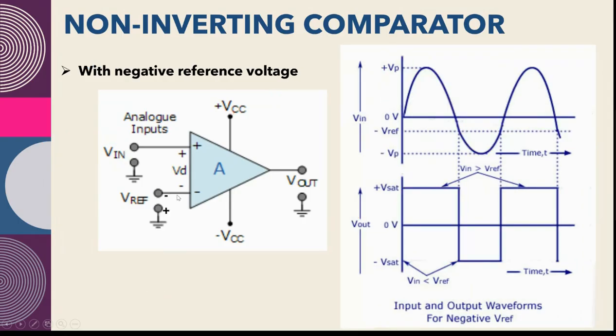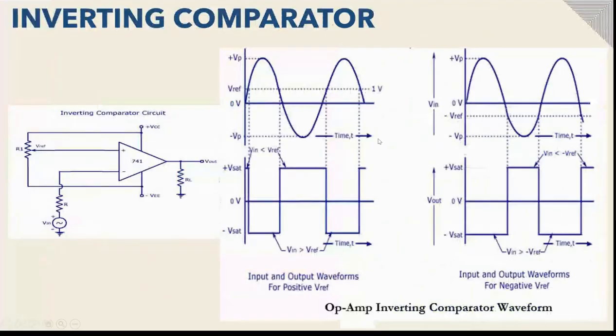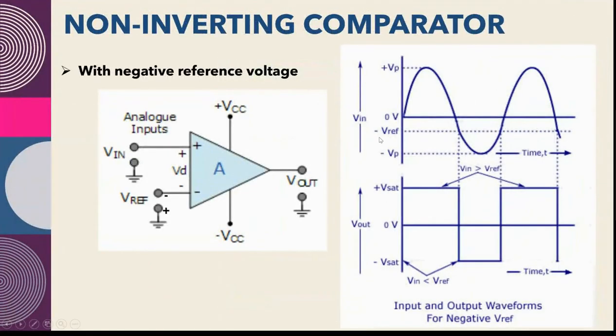In the next circuit, we have made the reference voltage negative. In the last case we considered 3 volt. Here consider it as minus 3 volt. If the input voltage becomes greater than minus 3, the output will be plus Vsat.